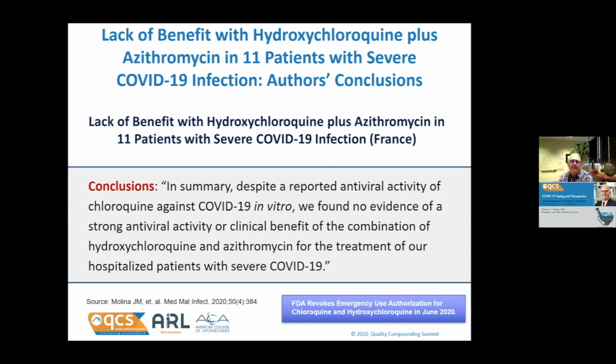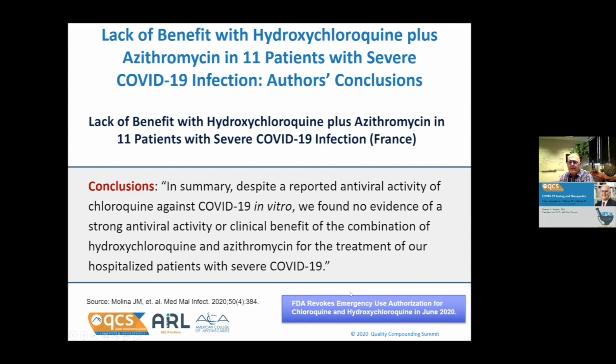And then the lack of benefit with hydroxychloroquine plus azithromycin in 11 patients with severe COVID-19 infections. The authors concluded, in summary, despite a reported antiviral activity of chloroquine against COVID-19, we found no evidence of a strong antiviral activity or clinical benefits of the combination of hydroxychloroquine and azithromycin for the treatment of our patients.